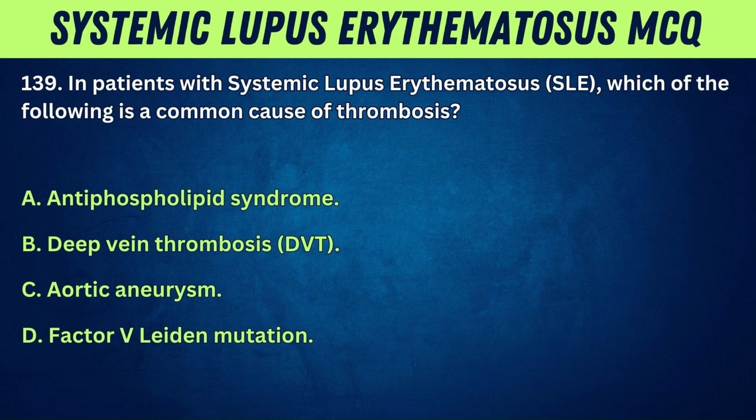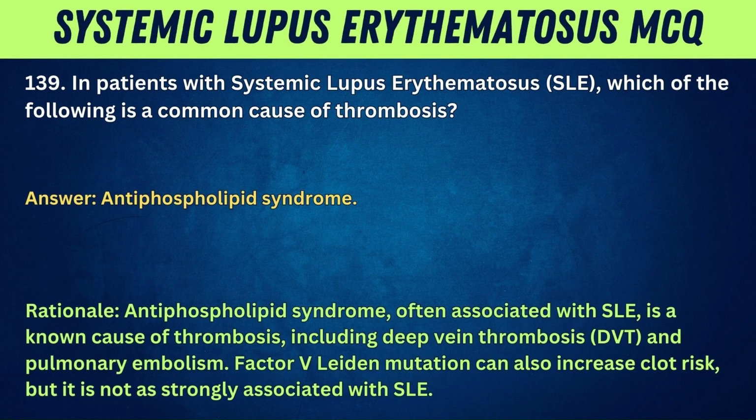139. In patients with systemic lupus erythematosus, SLE, which of the following is a common cause of thrombosis? A. Antiphospholipid syndrome. B. Deep vein thrombosis, DVT. C. Aortic aneurysm. D. Factor V Leiden mutation. Answer: antiphospholipid syndrome.